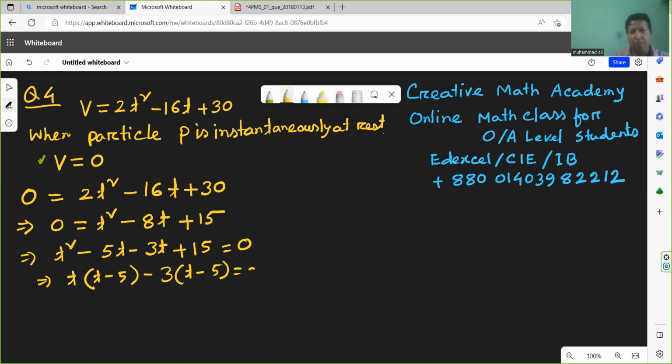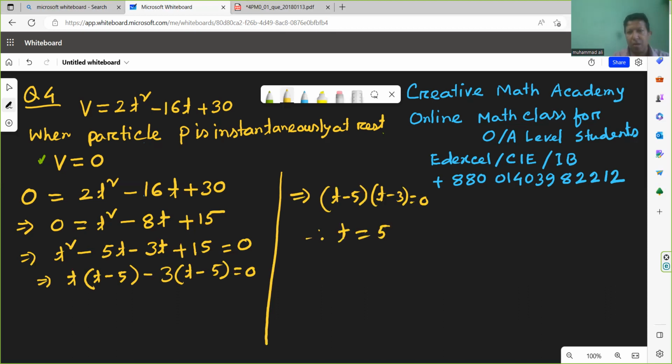So we get (t minus 5)(t minus 3) equals 0. Therefore, t equals 5 and t equals 3. So the first answer: the times are 3 seconds and 5 seconds when velocity v is 0 and the particle is instantaneously at rest.